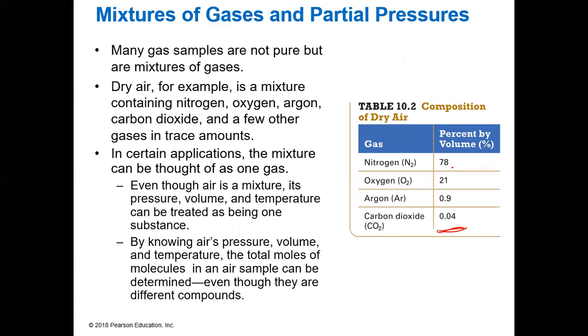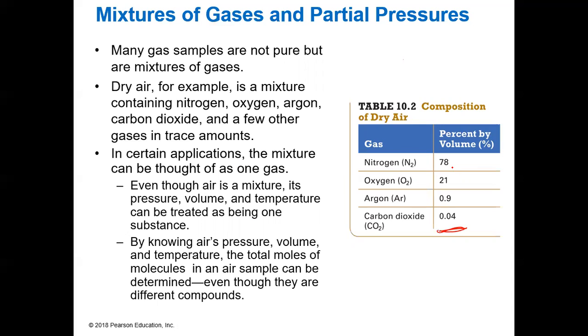So how do we handle a mixture of gases? Well, for our sake, the mixture can be thought of as just one gas. So even though air is a mixture, its pressure, volume, and temperature can be treated as being one because those 3 variables are the same for every component of my gas, okay?